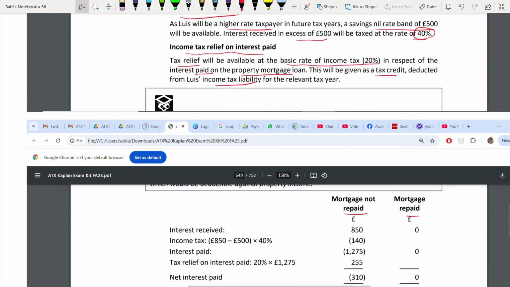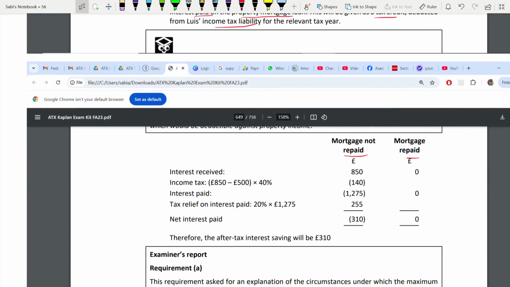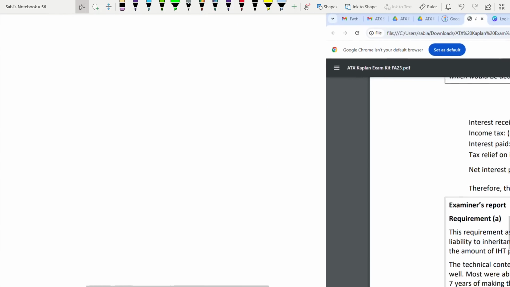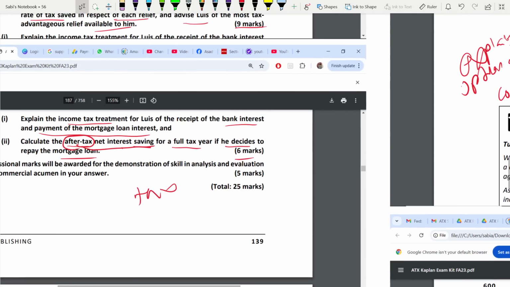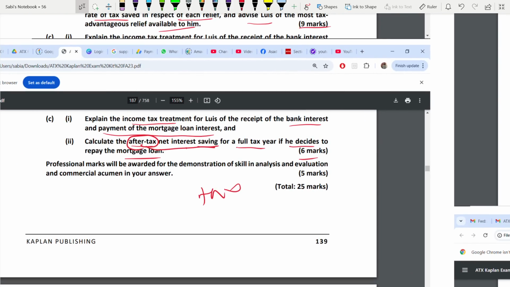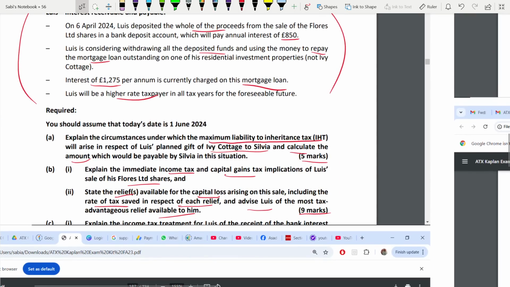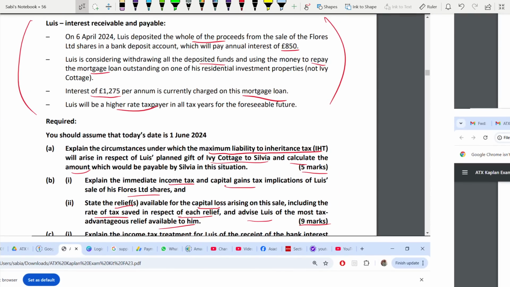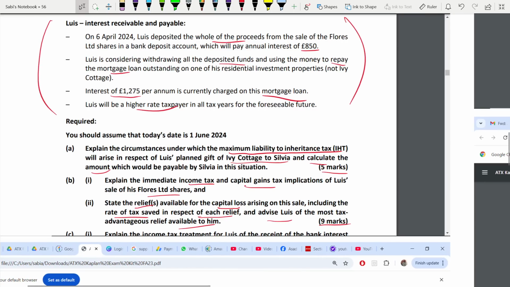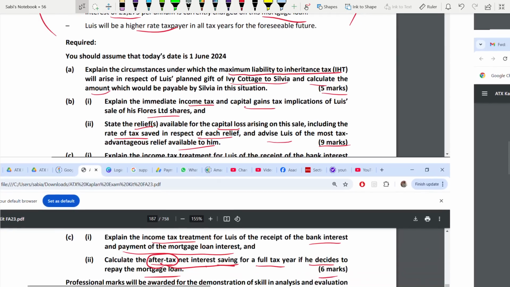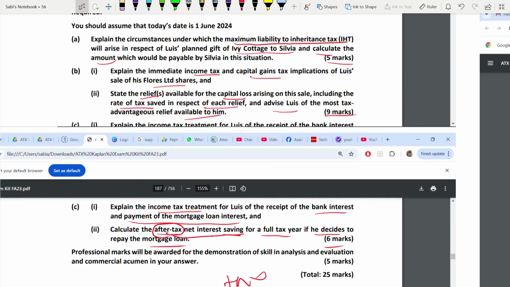Now we'll do the calculation part, the last part of this question. So now you have to calculate only.